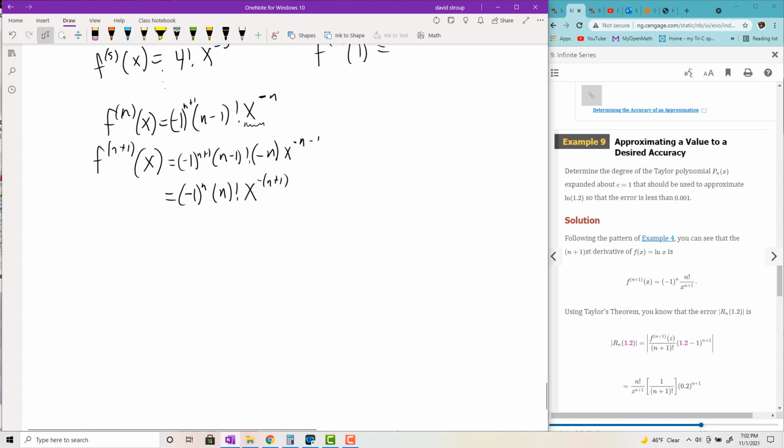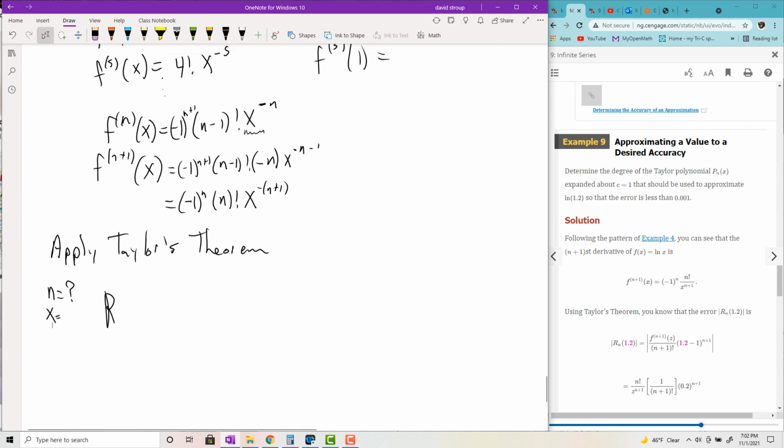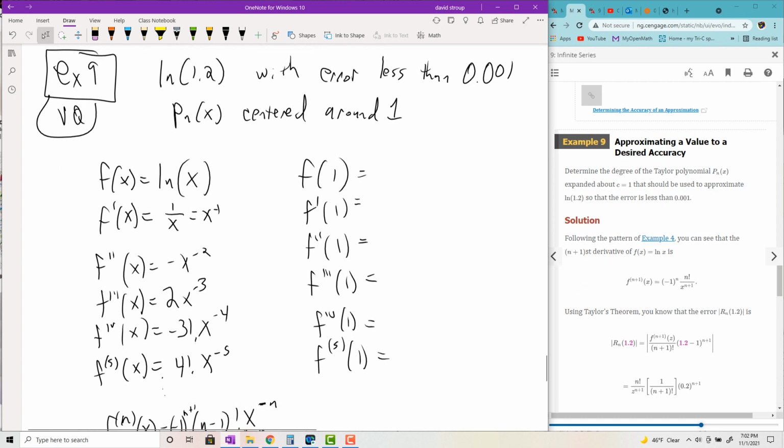So Taylor's theorem then. And we have this r sub n of x. What is n? Well, we don't know. What is x? Well, that's the 1.2.